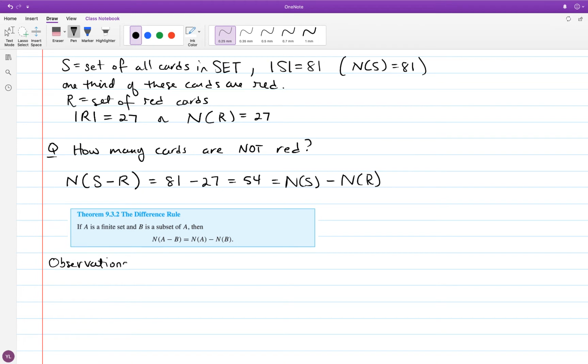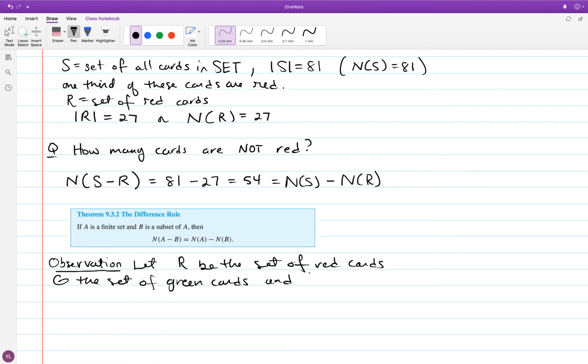Okay, here's another observation about the cards in the Set deck. Let's say R is the red cards, G is the green cards, and P is the purple cards. Then from before we understand that n of R is the same as n of G is the same as n of P, right? They're all 27 of each kind of color.